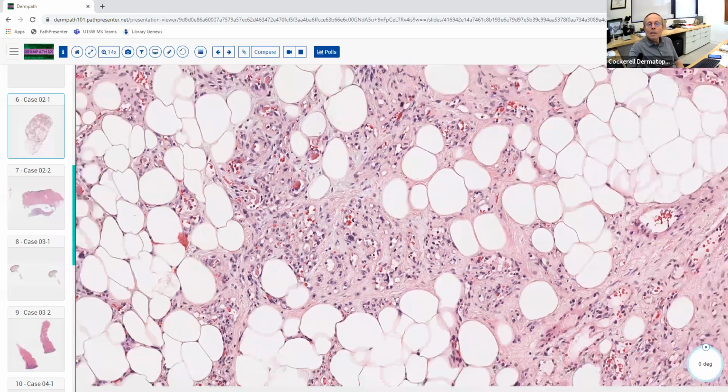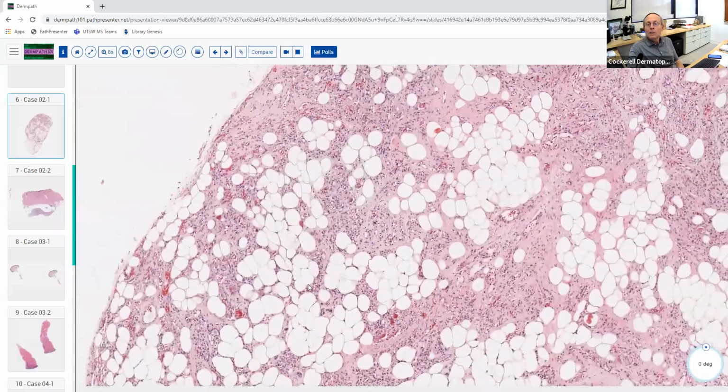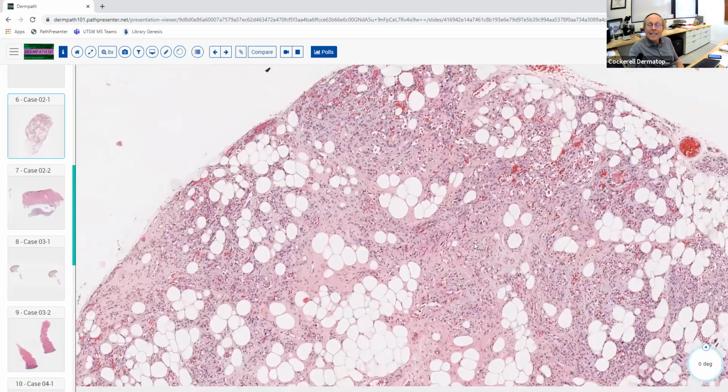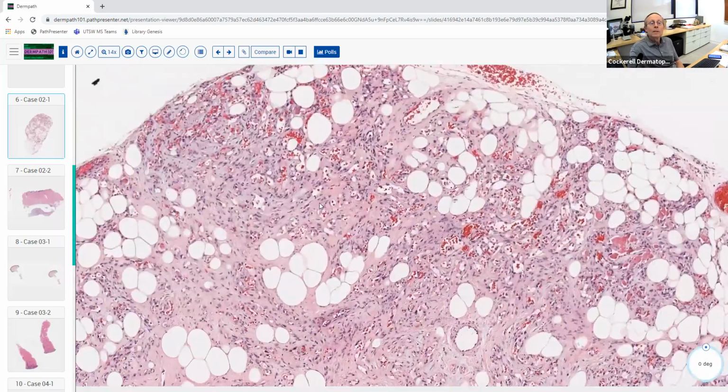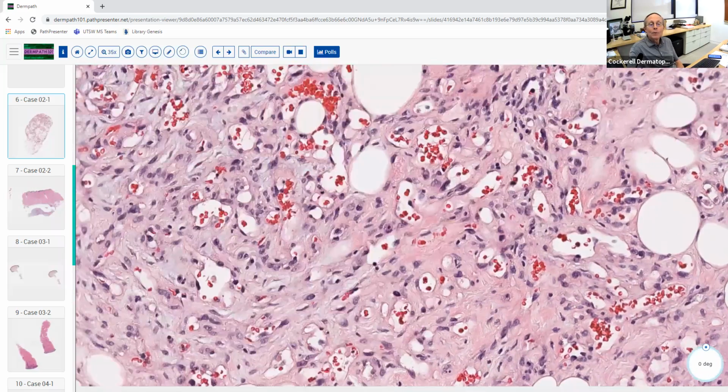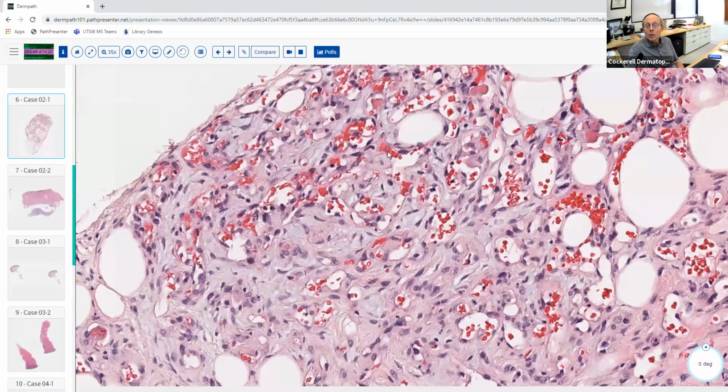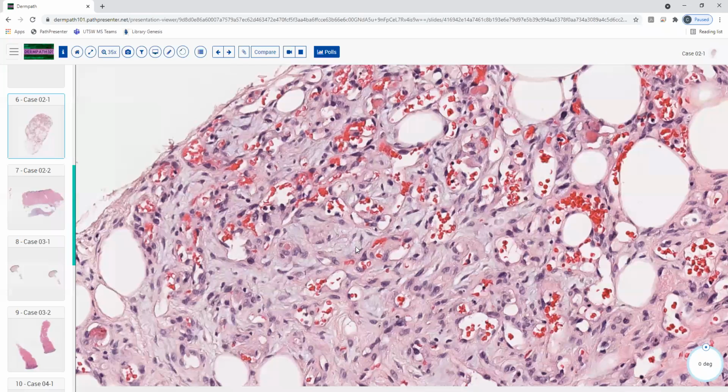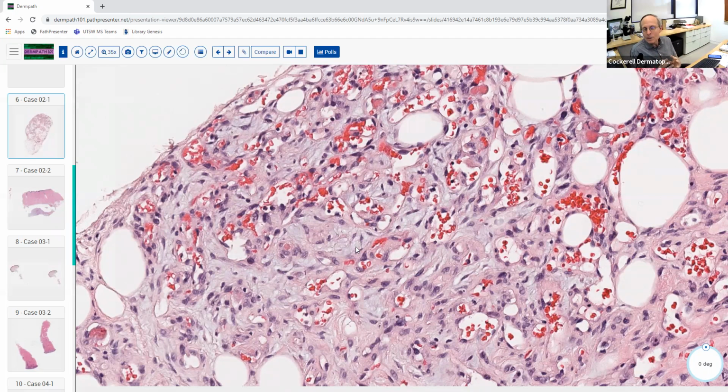What's interesting about angiolipoma is sometimes you can get lots of angiomatous component. If we just had a high magnification view of this, you wouldn't call it angiolipoma. You would call it maybe some variant of an angioma. The morphology of the angiomatous component looks a little different from the capillary hemangioma we see when we shave biopsy a cherry hemangioma.